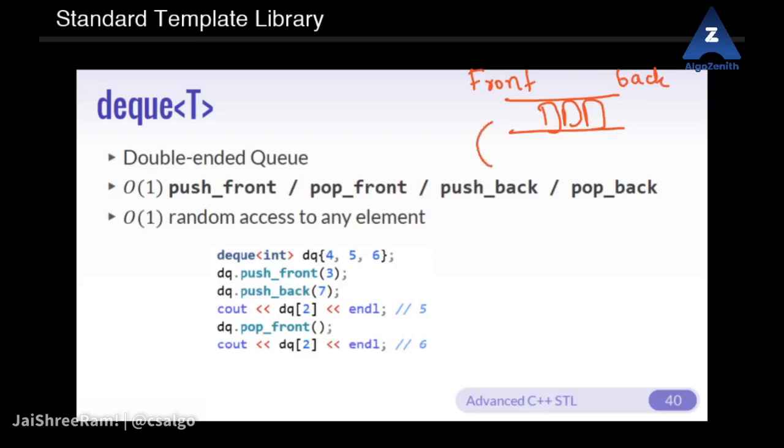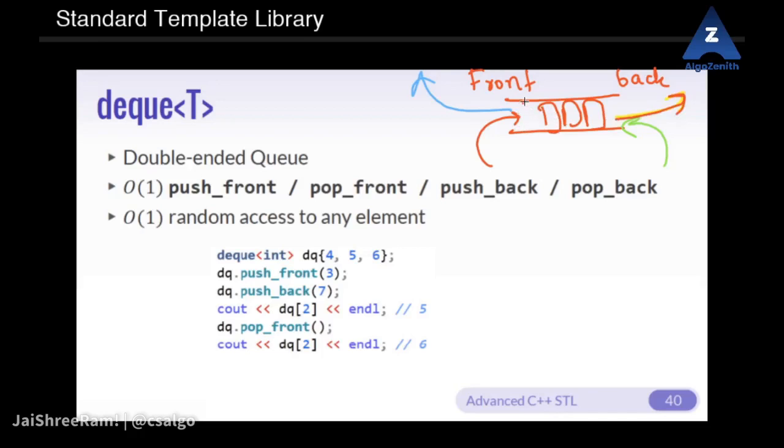You can put elements in the front, take out elements from the front, you can put elements at the back, you can take out elements from the back if you want to, okay. So all these things are possible, okay? So taking out from either side or inserting elements from either side, okay.